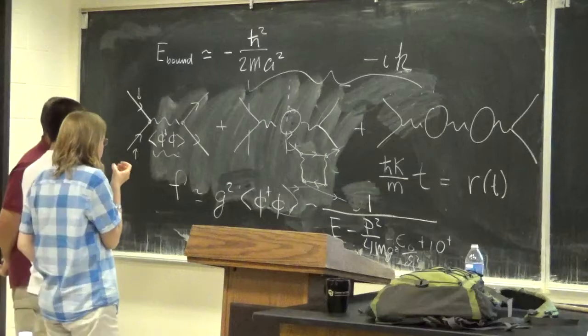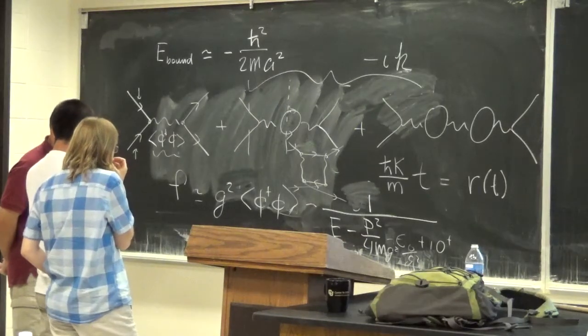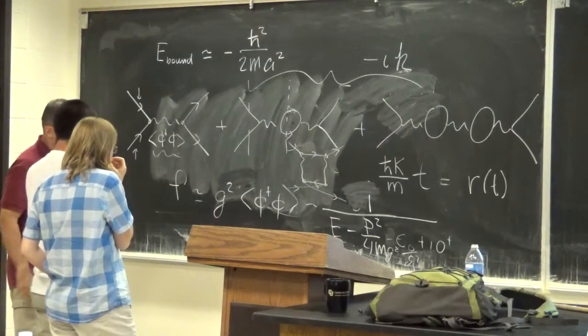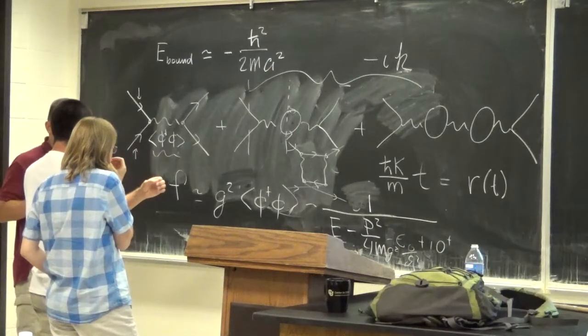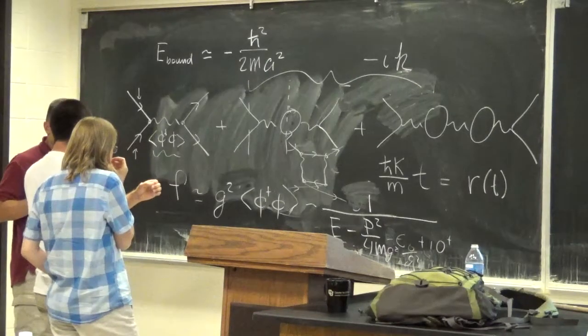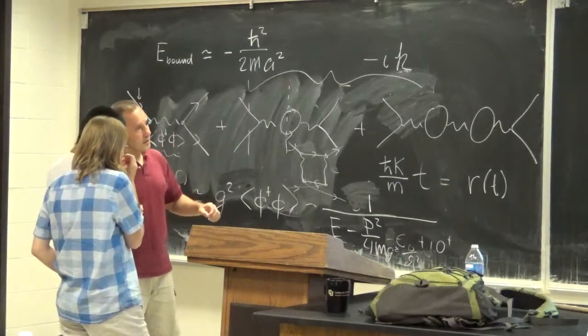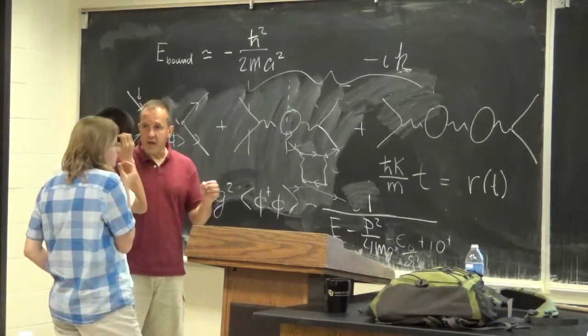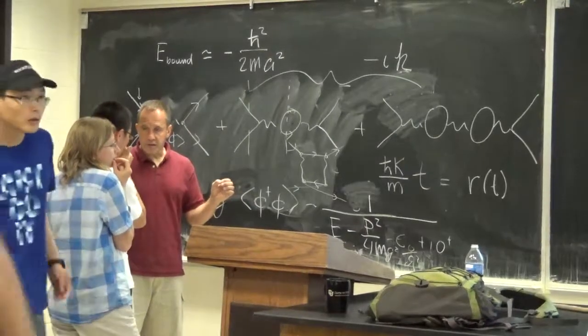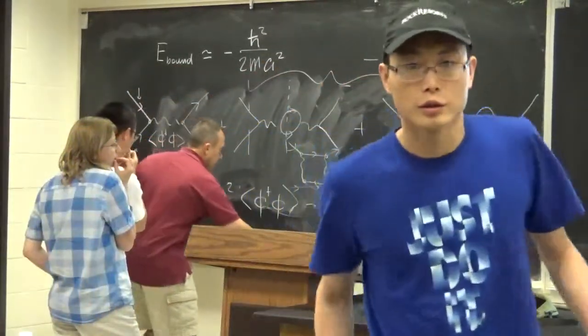Okay, so what I would do, pragmatically, is go experimental to T2 far from the resonance. That would define for me a background interaction.